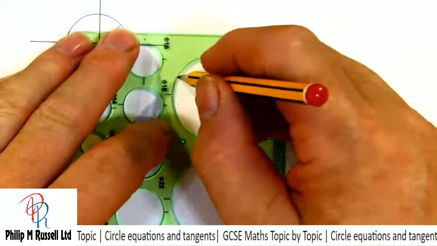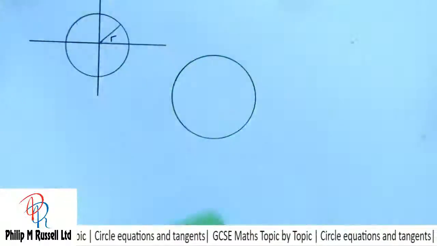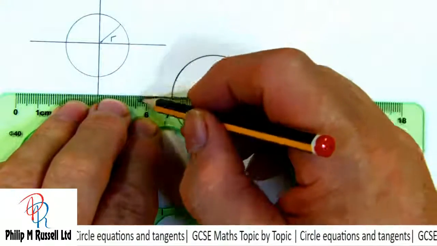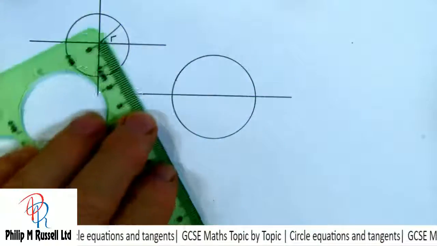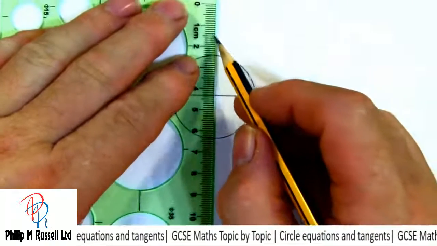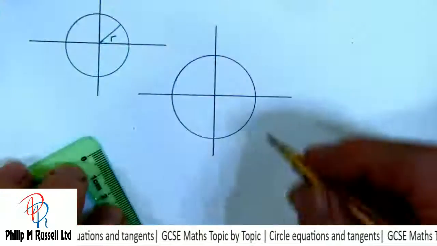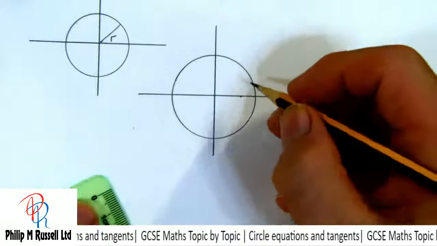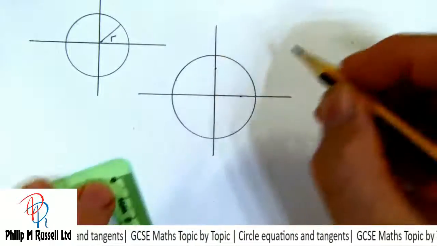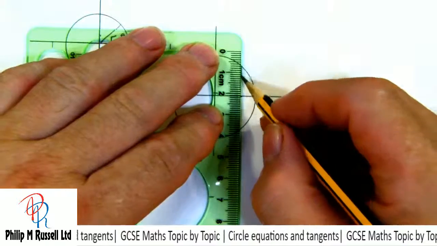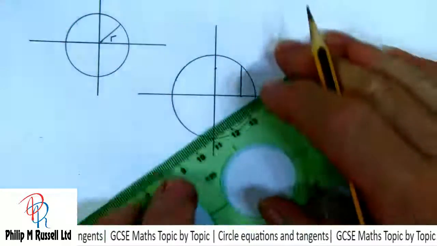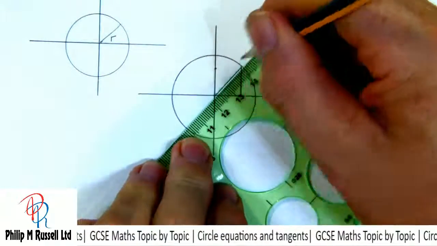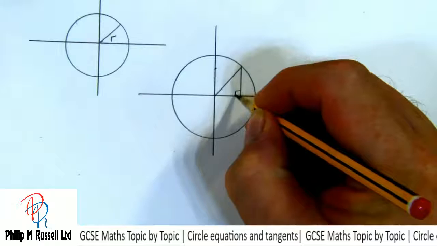Let's draw this out a little larger, and if I take this circle and measure along a distance and up a distance, what we've got here is a little right-angled triangle.